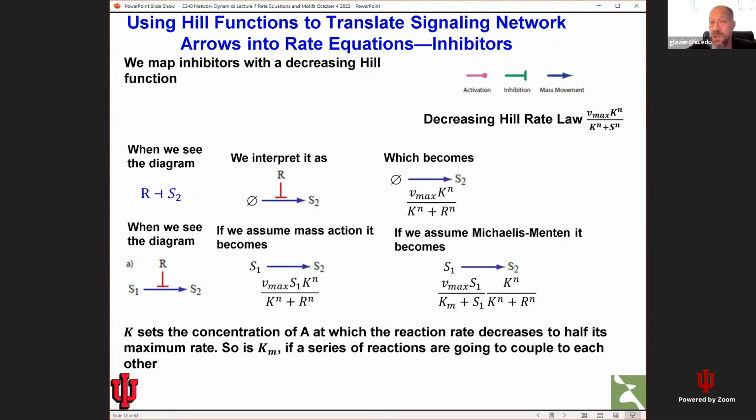For both activation and inhibition, we might want to assume that with our inhibitor, even if there is a lot of inhibitor, the reaction rate doesn't go to 0, in which case we'd have to add a number to our Hill equation, so it didn't go to 0 when R got very large.